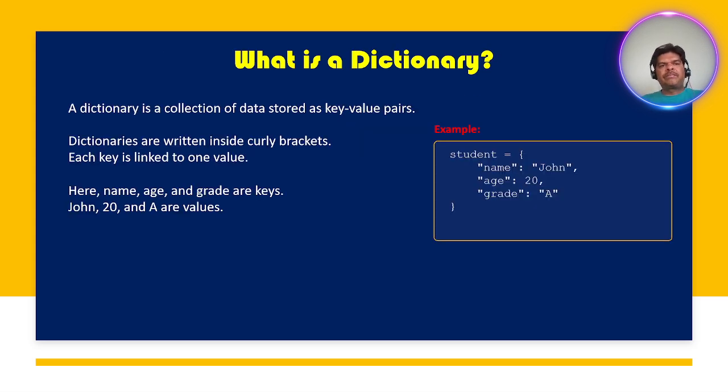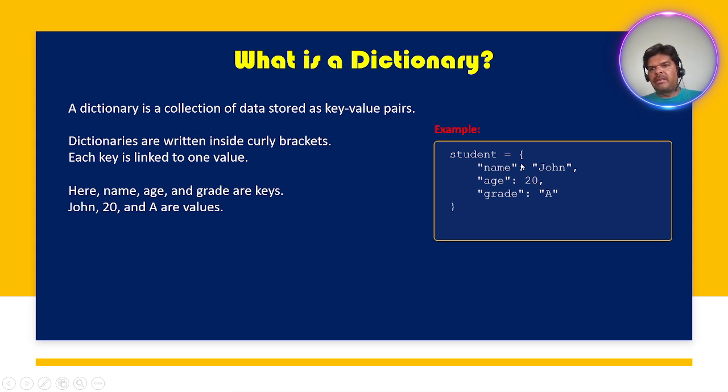What is a dictionary? A dictionary is a collection of data stored as key value pairs. Dictionaries are written inside curly brackets. Each key is linked to one value. For example, see in this student's data, in the students variable, I'm having these values. name colon John, age colon 20, grade colon A, right?